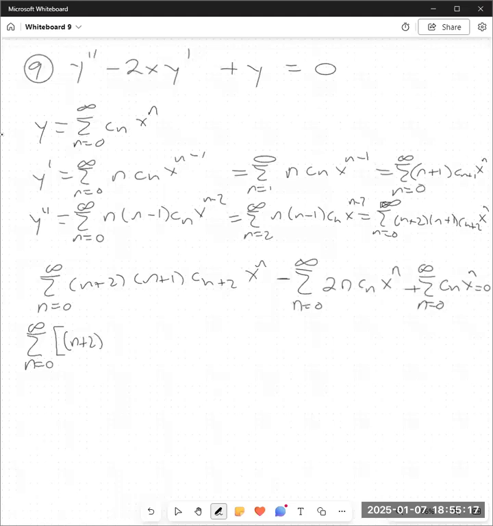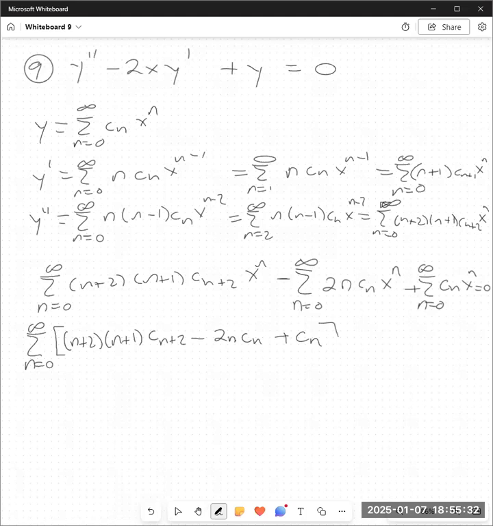(n+2)(n+1) c_{n+2} minus 2n c_n plus c_n, x^n on the outside, equals 0. So this is the sum from n equals 0 to infinity.